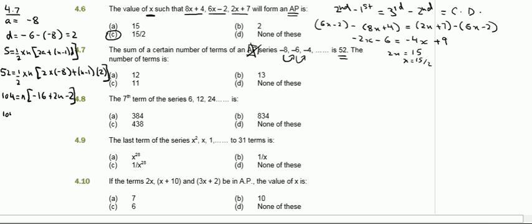So 104 is equivalent to n, bracket open, 2n minus 18, and we can say that 104 is equivalent to 2n square minus 18n. Dividing all terms by 2 to simplify the things, we will have 52 is equal to n square minus 9n, and we can say that n square minus 9n minus 52 is equivalent to 0.